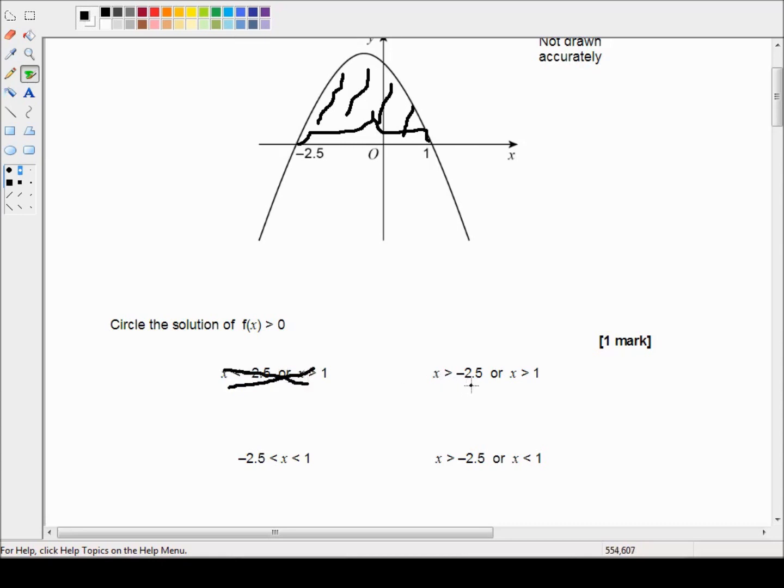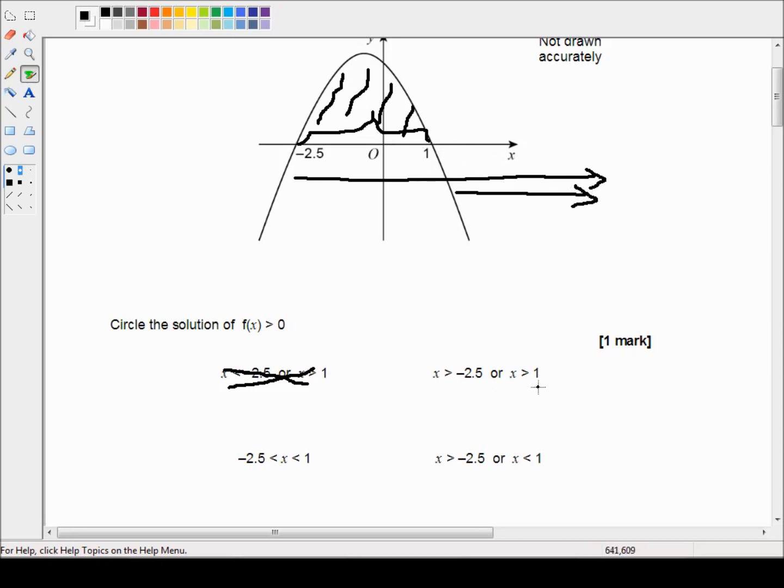X is greater than negative 2.5 or x is greater than 1. So x is greater than negative 2.5, so far so good, but then that carries on all the way up to infinity, so that's bad, because after we get past x is greater than 1 then the curve goes below the x-axis, and this x greater than 1 is redundant because that's just basically defining these values on the x-axis, which are already defined in the x greater than negative 2.5.